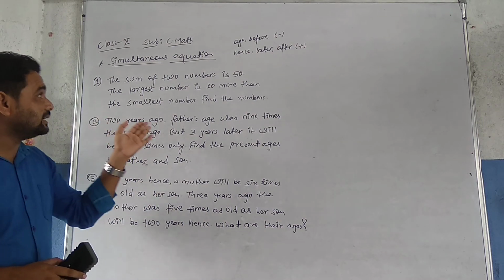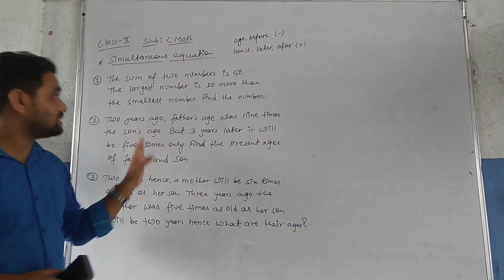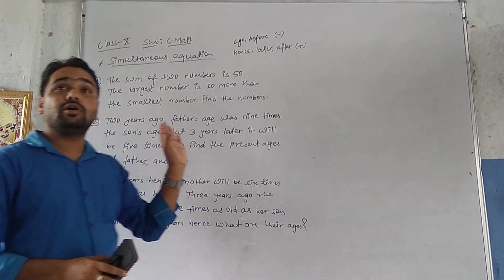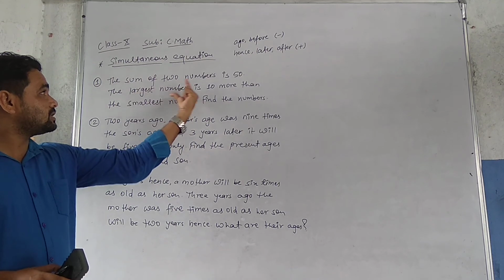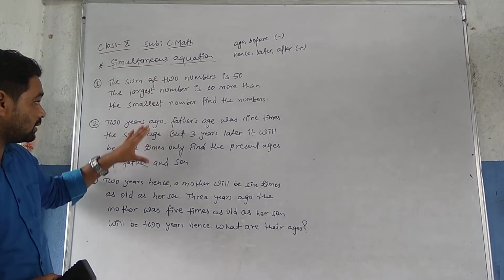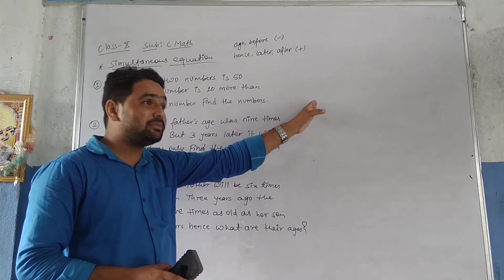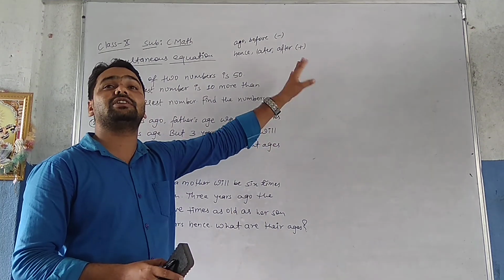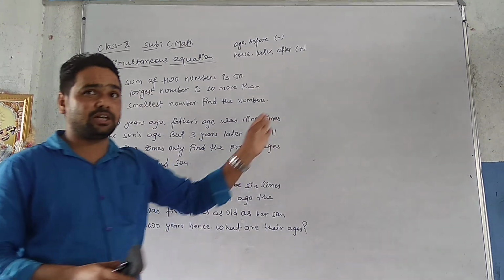In class 9, as I told you yesterday, in class 10 we are going to make the simultaneous equation from the word problem, and then we will solve them either by elimination or substitution. We are not going to use the graphical one.